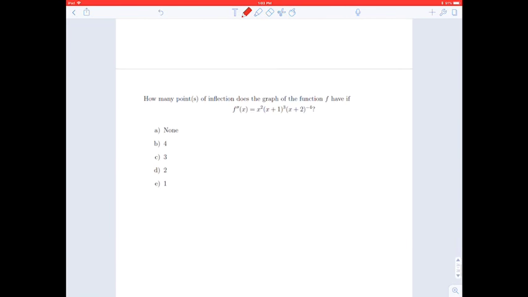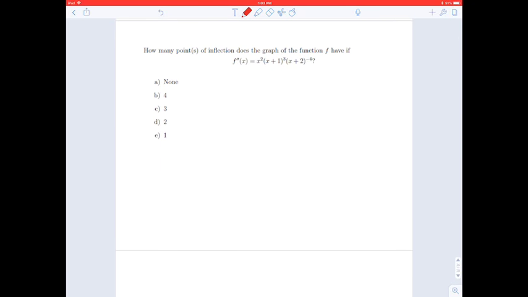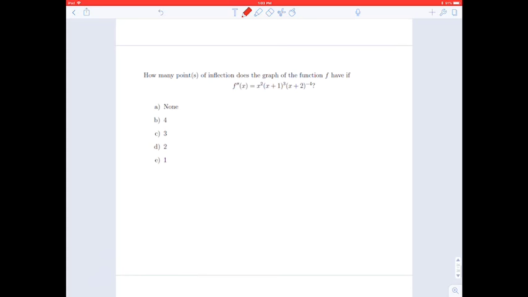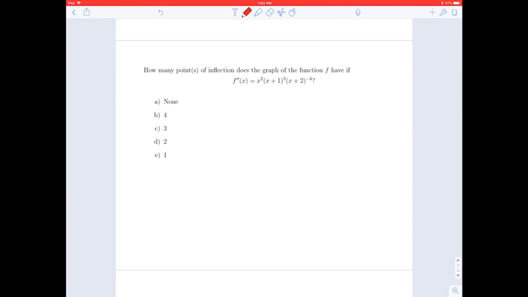Okay, and as I said, I have this question. Let's see, and I think I have one more. They are nice and easy, multiple choice exam type. How many points of inflection does the graph of the function f have if the second derivative is provided?